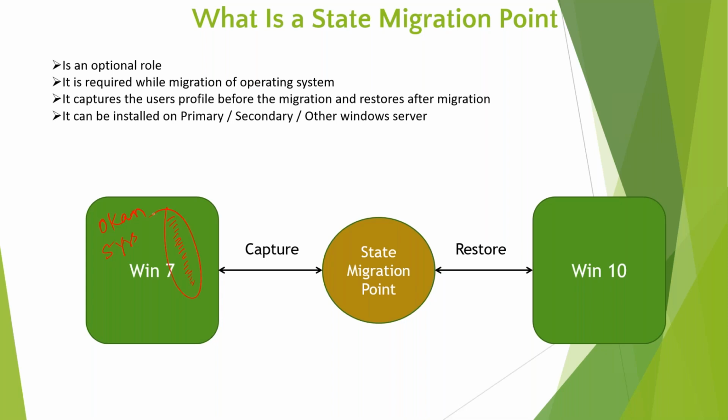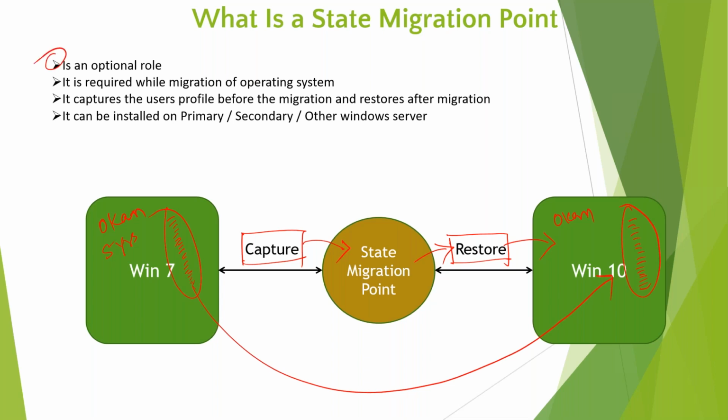But what will happen to the data? The data in Windows 7, we will capture and store on the state migration point shared drive, and then we can restore it onto the Windows 10 machine, the new machine. Whatever data he had on Windows 7, all of it will get migrated from Windows 7 to Windows 10.